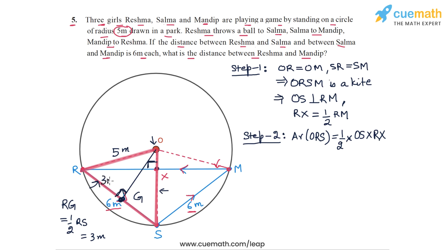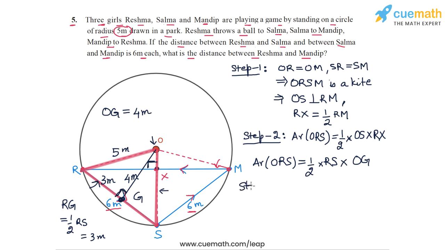So RG is 3 meters, and this means that OG, the length of the perpendicular, will be, by the Pythagoras theorem, root of 5 square minus 3 square. So OG will be equal to 4 meters. Therefore we can also write the area of triangle ORS as half into the base RS this time, and the altitude OG.